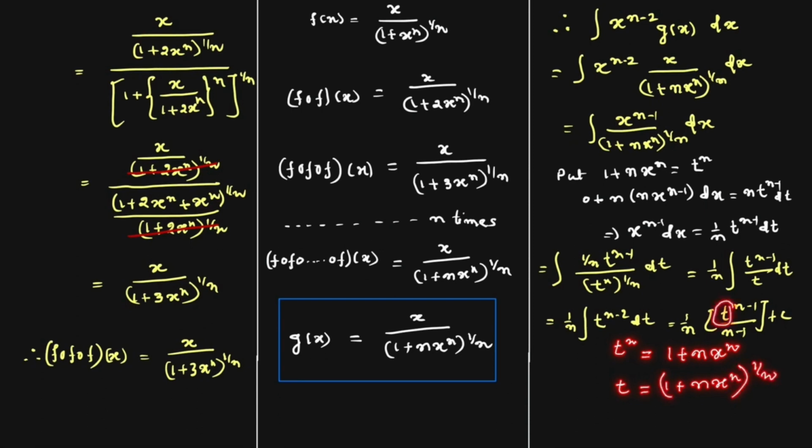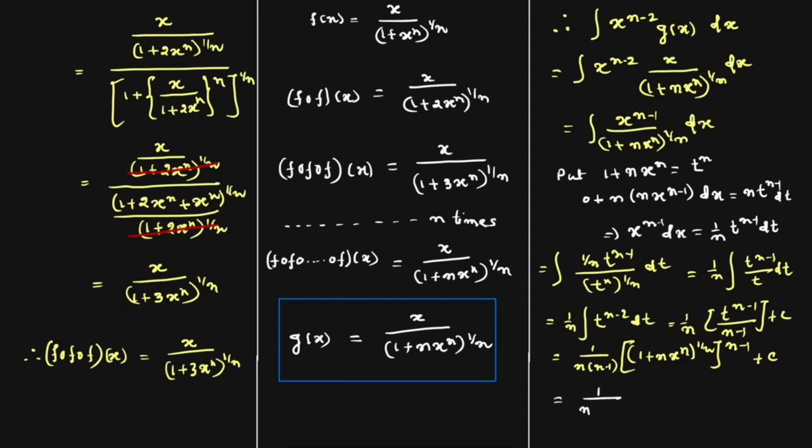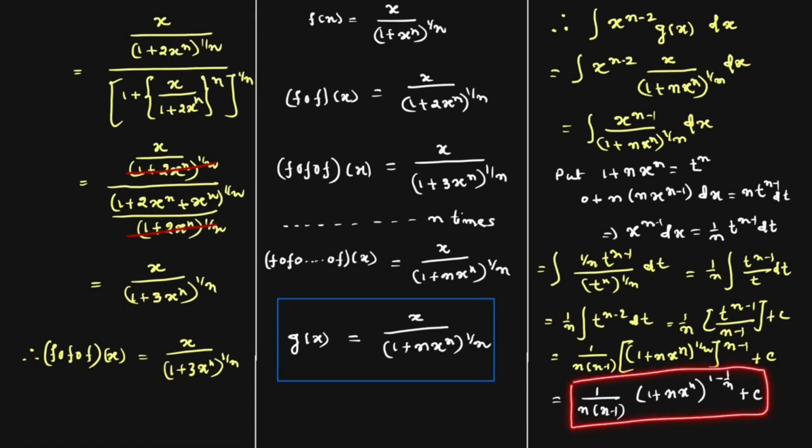So in the place of t we are able to write this value, which is equal to 1 upon n minus 1 times (1 plus n x to power n) to power 1 by n and to power n minus 1 plus c, which is equal to 1 upon n minus 1 times (1 plus n x to power n) to power 1 minus 1 by n plus c. So this is our answer.